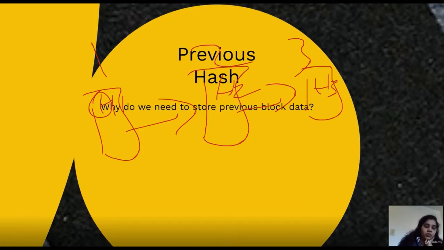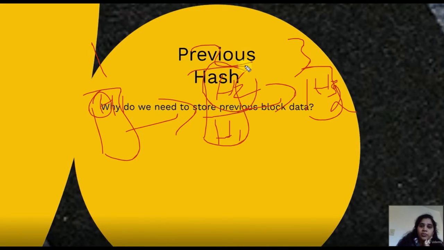When block 1 is connected to block 2, block 2 will have h1, the previous block's hash. Similarly, block 3 will have the hash h2, the previous block's hash.